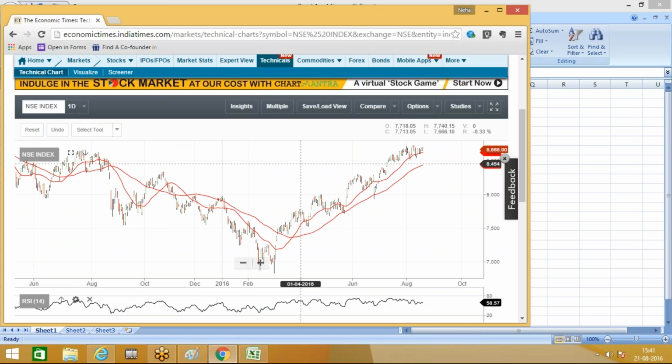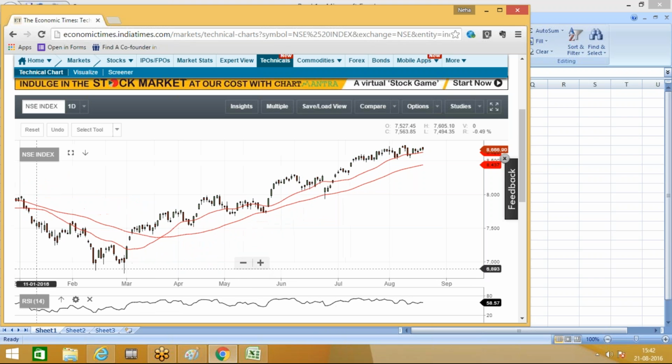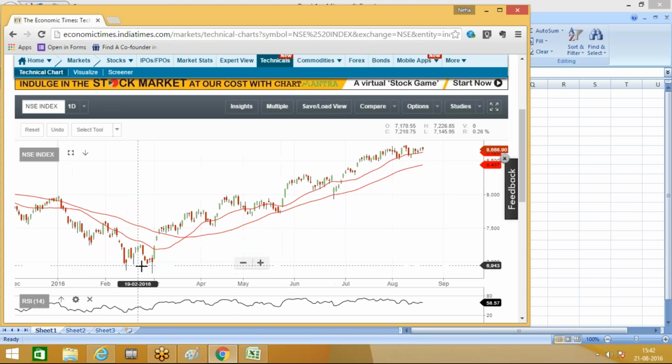In the chart, the way it is used is, for example, let's take this as an example. There was a price trend reversal. Let me increase the chart. So just follow my cursor here.